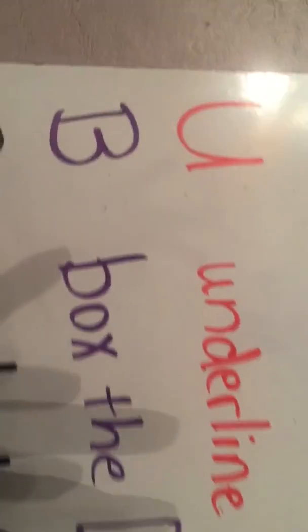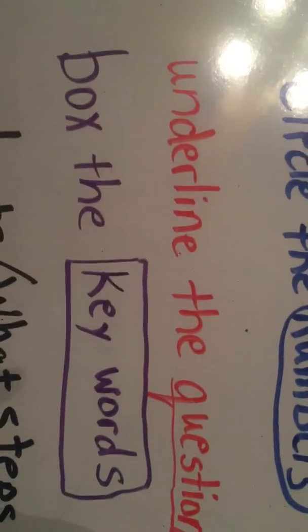The question that I underline is how many bags of cat food are in each row? Next step is B, box the key words. So the key word is equal because we're talking about the same number of bags in each row.